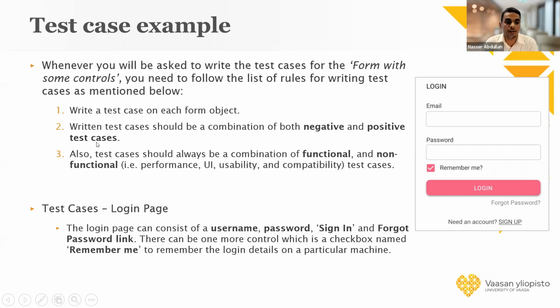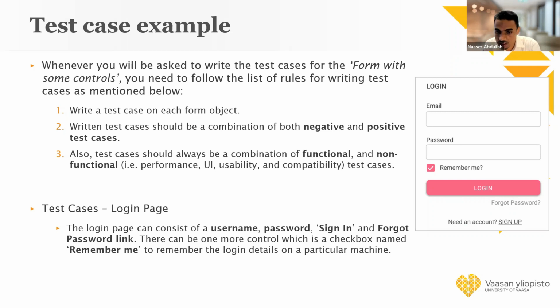Let's see now an example of test cases and how we can define them. Let's see this window, which is the login page. As you see here, we have the email, the password, and also some other components like remember me and forgot password. All of these components are in the login page, and all of them need to be verified.